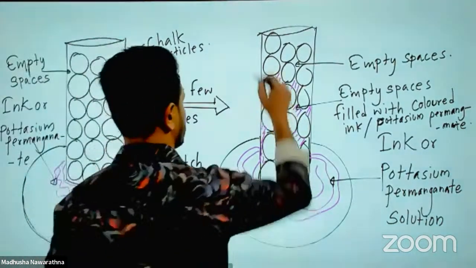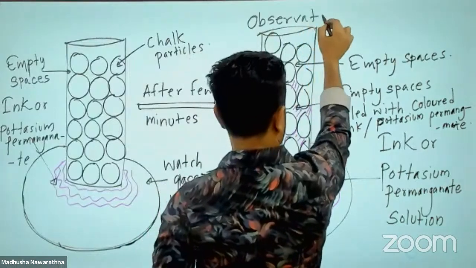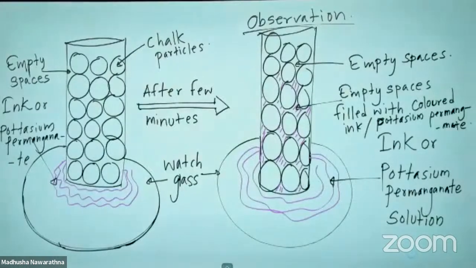පුතේ මෙන්න මෙතන උඩින් ලියා ගන්න මේ observation කියලා. observation කියලා ලියා ගන්න පුතේ. ඒකනේ observation එක. Okay.